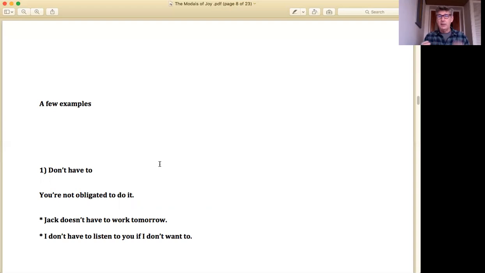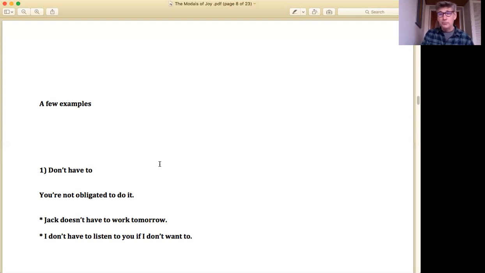And again, obligation is one of these things that's connected to a modal verb. So our example, Jack doesn't have to work tomorrow. Okay, he's not obligated. So I don't have to listen to you if I don't want to. I'm not obligated. I don't have to obey you. So don't have to is essentially a modal verb.